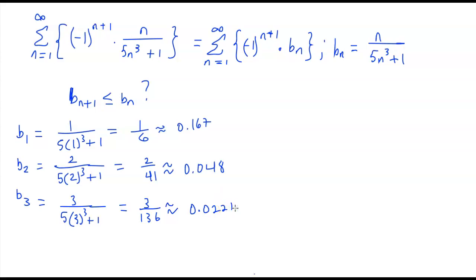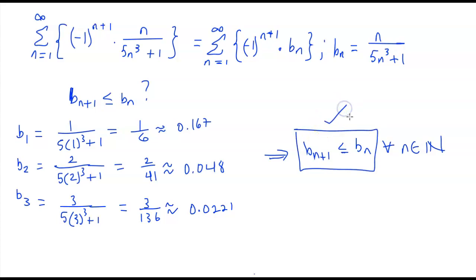And so we can see that as n gets higher, the actual value of the numbers in the sequence that's made up of b sub n is getting lower and lower. So this lets me know that b sub n plus 1 is going to be smaller than b sub n for all values of n in the natural numbers. Okay, so we know because of this, I can also say that. So this first criterion is checked.